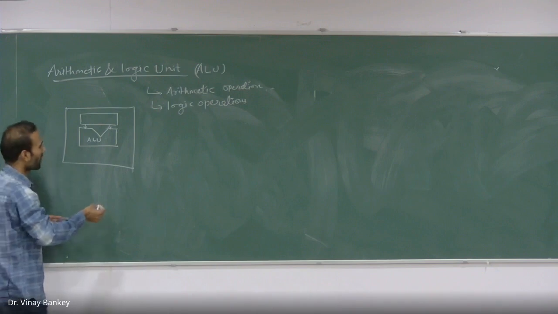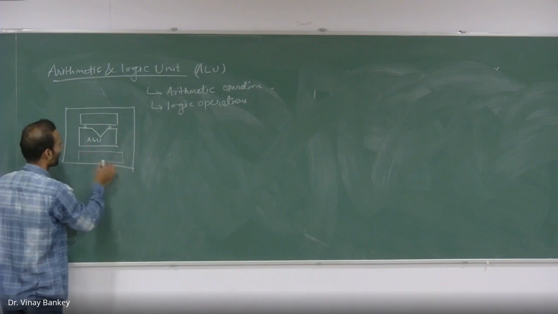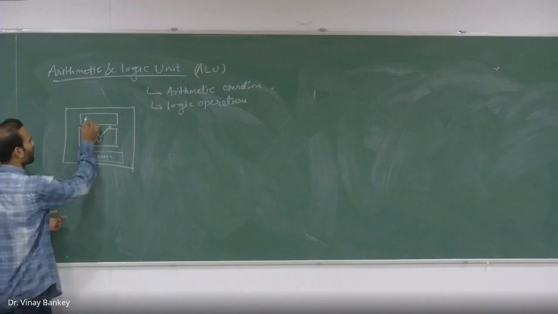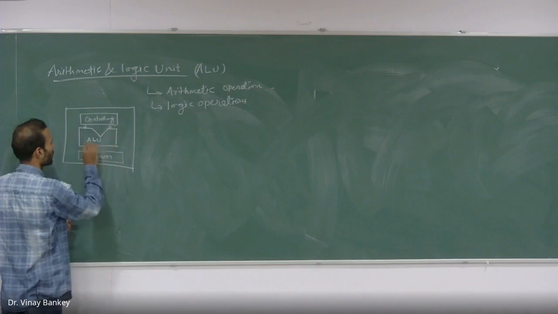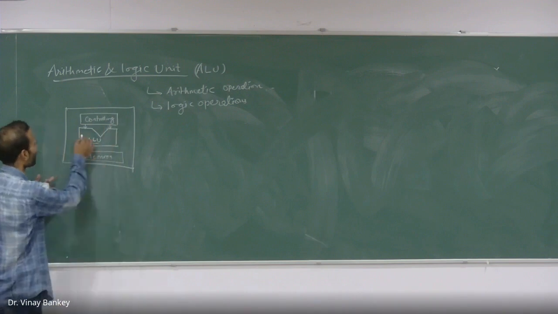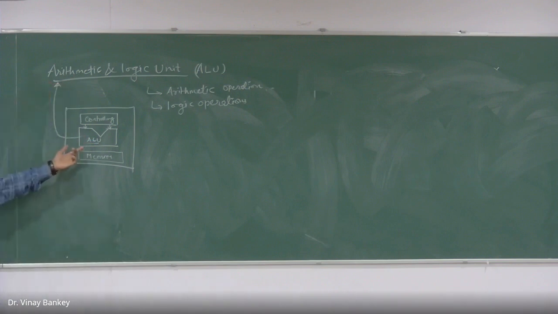And from where it will get the bits or information, there will be a memory. So this is the control unit, this is the arithmetic logic unit, and there will be a memory unit. We are interested only in the ALU. We will design it and see how it works.